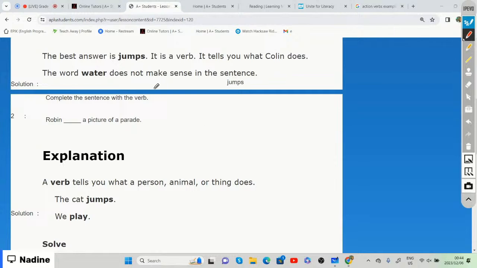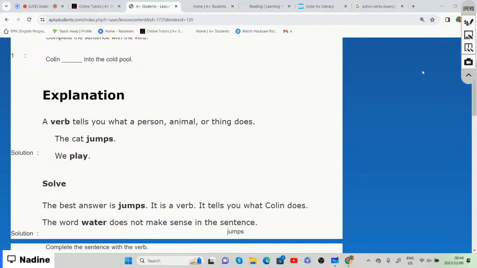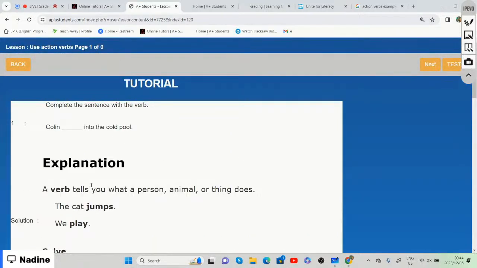So we can say Robin paints, right? So paints a picture of a parade. All right. So that is a few examples of using action verbs. So we first identified it and now we are using it.